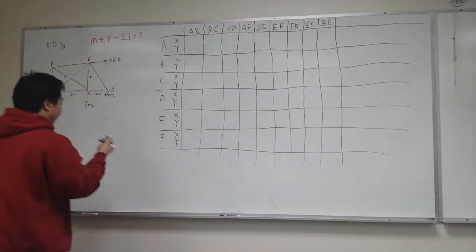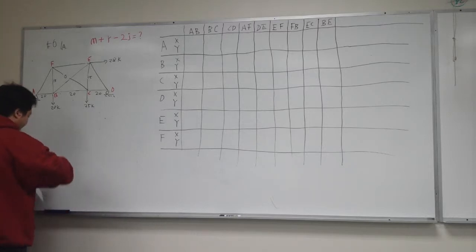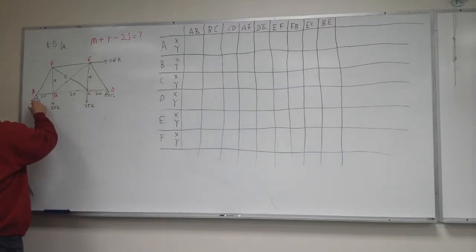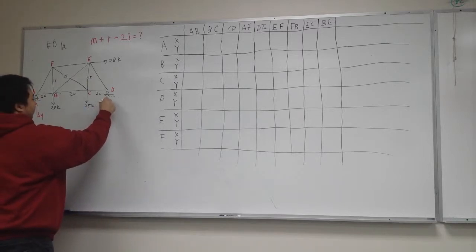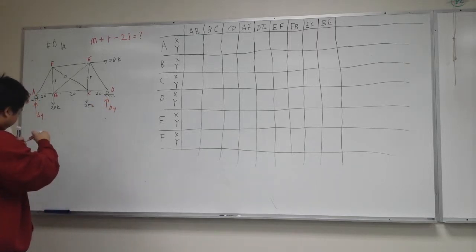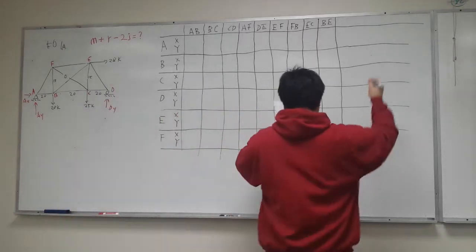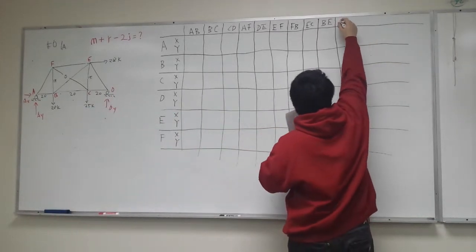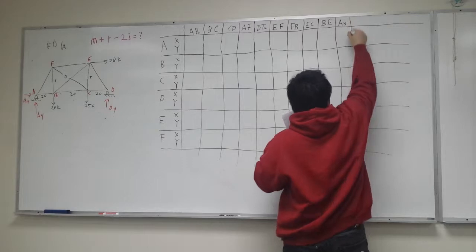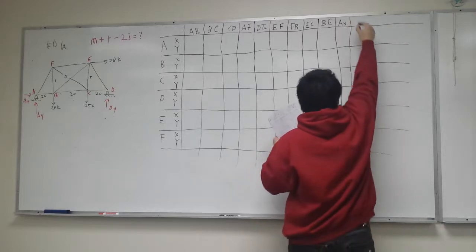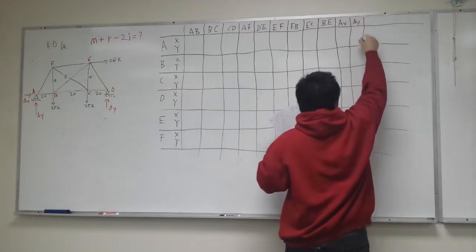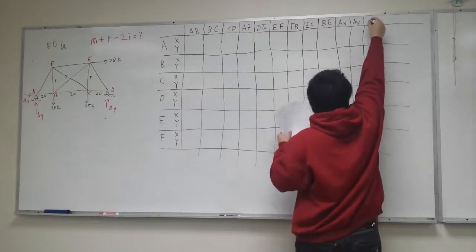You're going to have AY, AX, DY. So right here, you also put it as AX, AY, and DY.